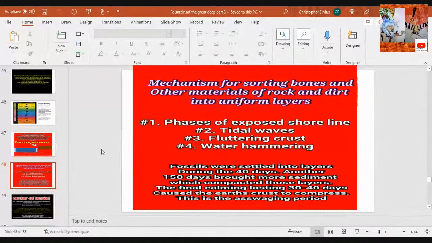Phases of exposed shoreline: just because the whole earth is flooded in one area doesn't necessarily mean it's flooded in another area, because of the water, especially during that one month at the end of the flood, the assuaging period, but also during the first 40 days and 40 nights. And after the 40 days and 40 nights, you could still have exposed, for a temporary amount of time, exposed layers of earth.